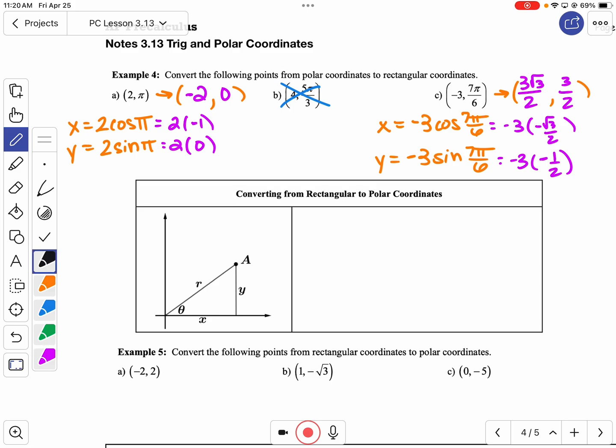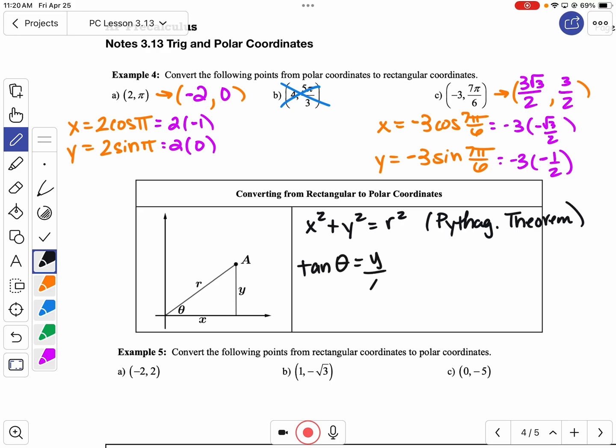We do have to use the Pythagorean theorem, such that x squared plus y squared is r squared, because we're going to have to find r. We've got a triangle there. And then, because we're going to have an x and a y, we're going to have to use tangent.